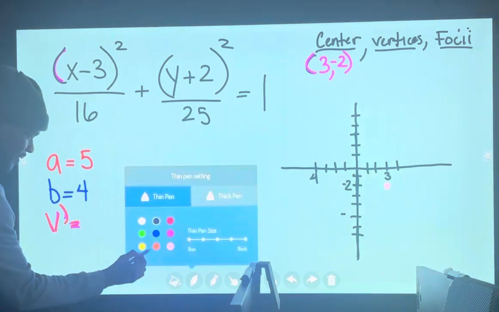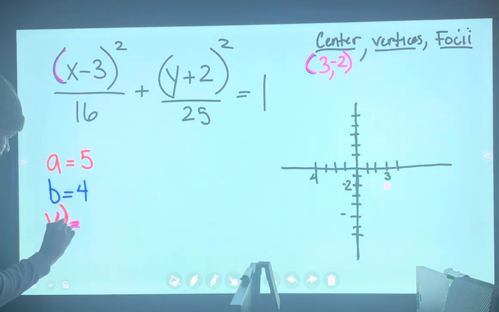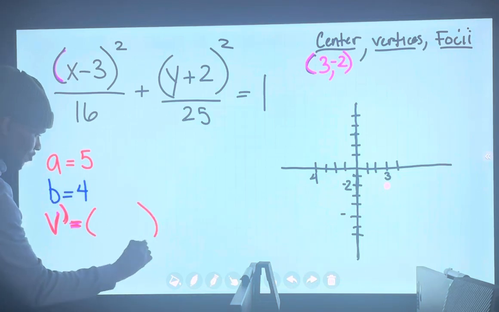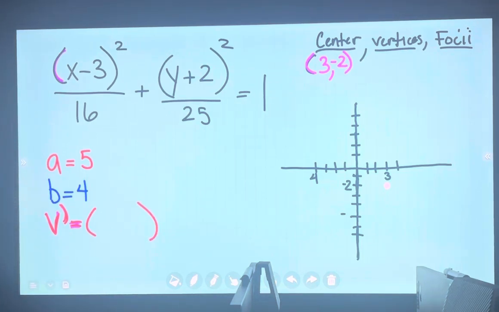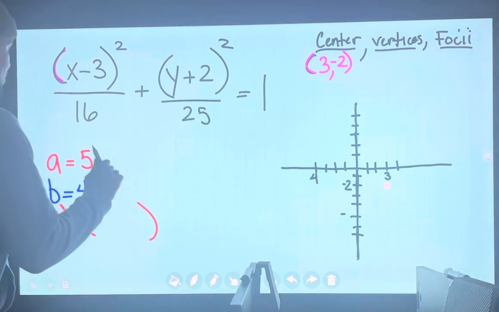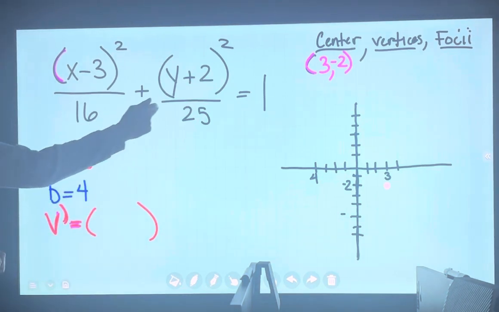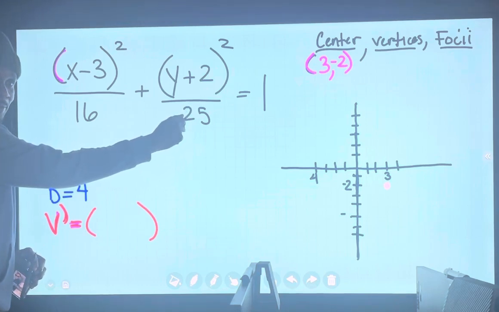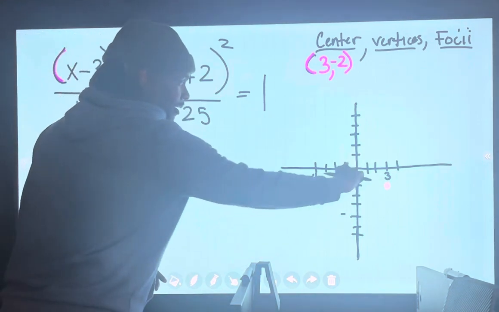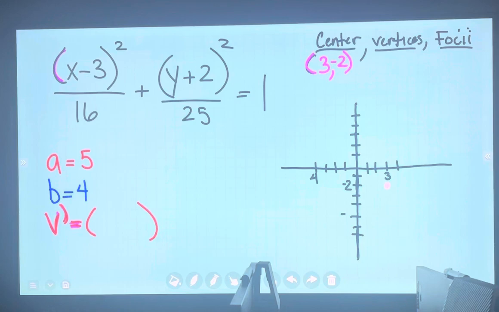The major axis, right? Look how much space I'm giving for the major axis. The major axis falls on the y value, right? So that means this is what we gotta do.